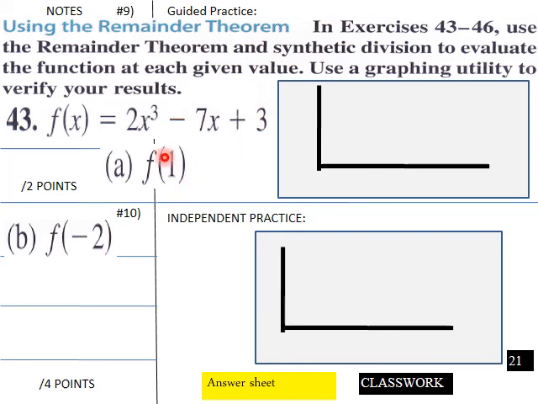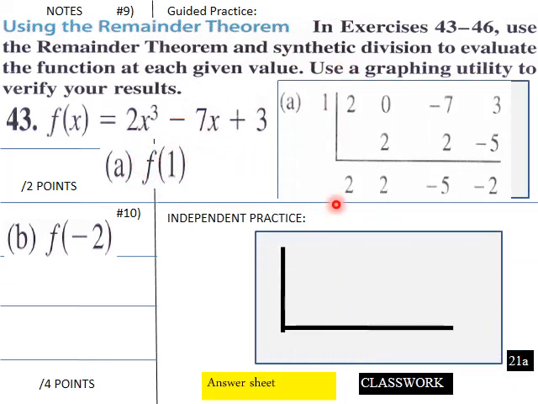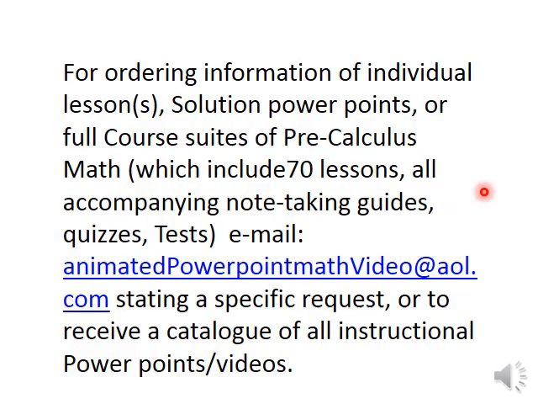In this exercise, we're going to plug in f of 1 in here. And then let's check using a graphing calculator. So we divide through by 1. We have a remainder here of negative 2. So that would be a point on that graph.